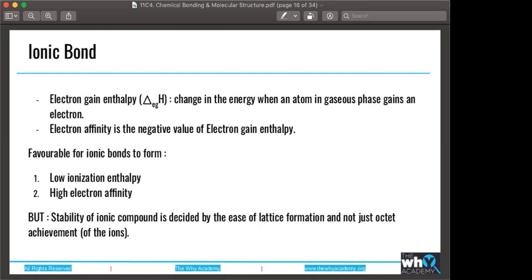Taranum says tightly packed particles. Yes. So oppositely charged ions tightly packed together, as Taranum said.